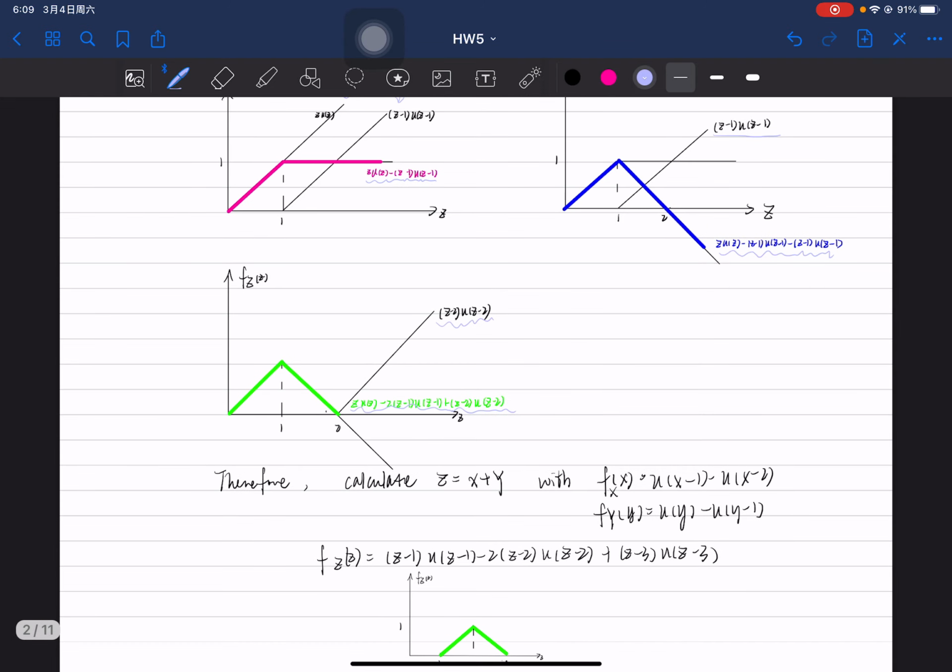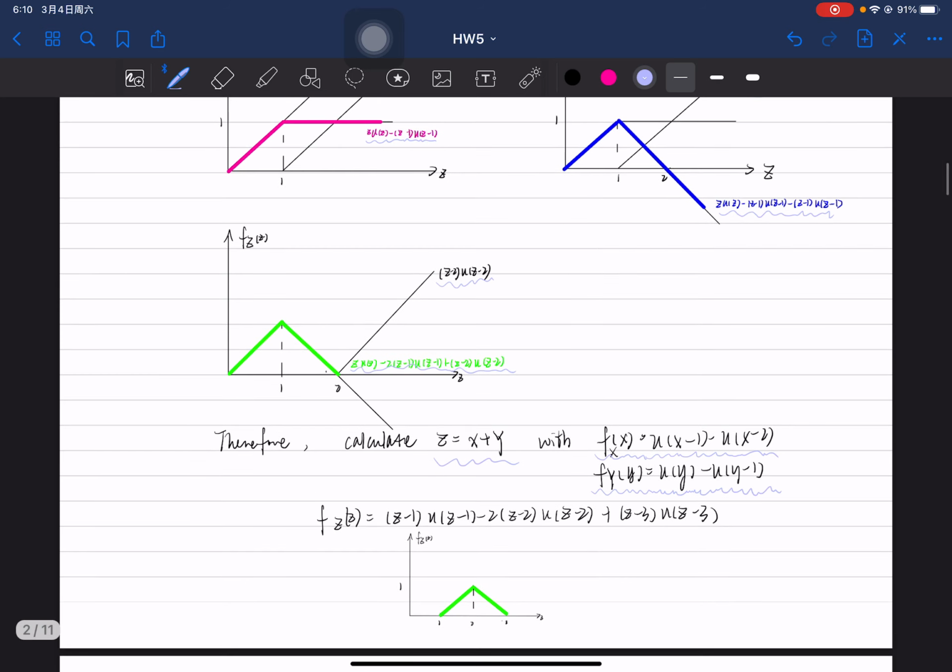Therefore, we can calculate Z equals X plus Y with the given function, which is that the density function of X is u(x minus 1) minus u(x minus 2), and the density function of Y equals u(y) minus u(y minus 1).